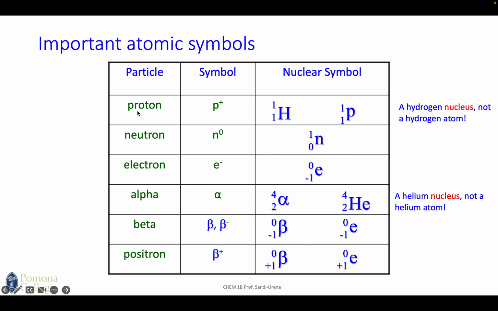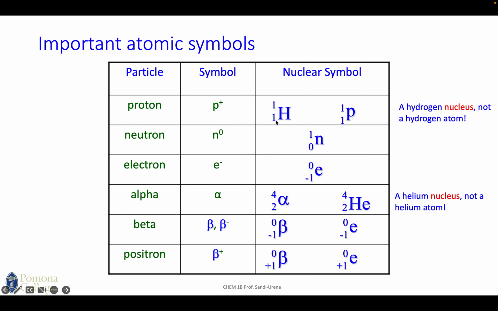So for instance, the proton, so far we've described it using P+. In nuclear chemistry, we're going to describe it as the nucleus of the hydrogen atom, and it will be described by the letter that represents the symbol of the element and the number of protons and number of neutrons.